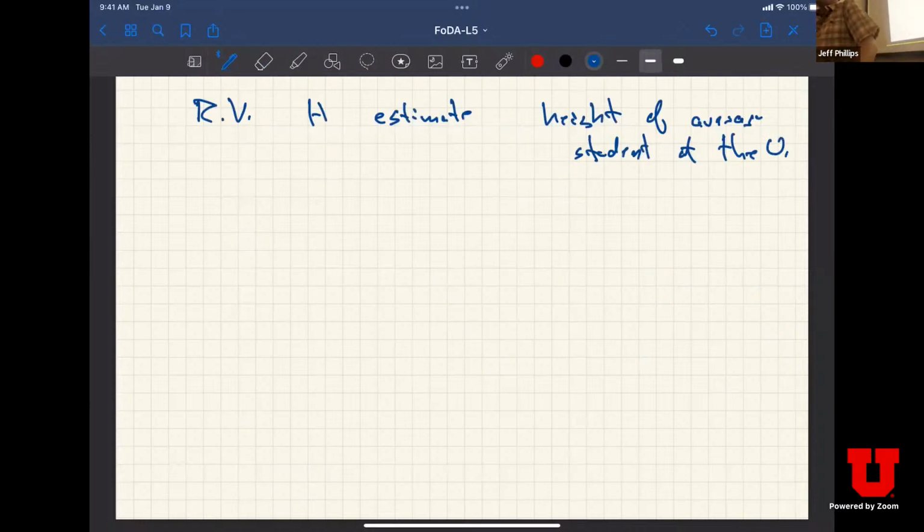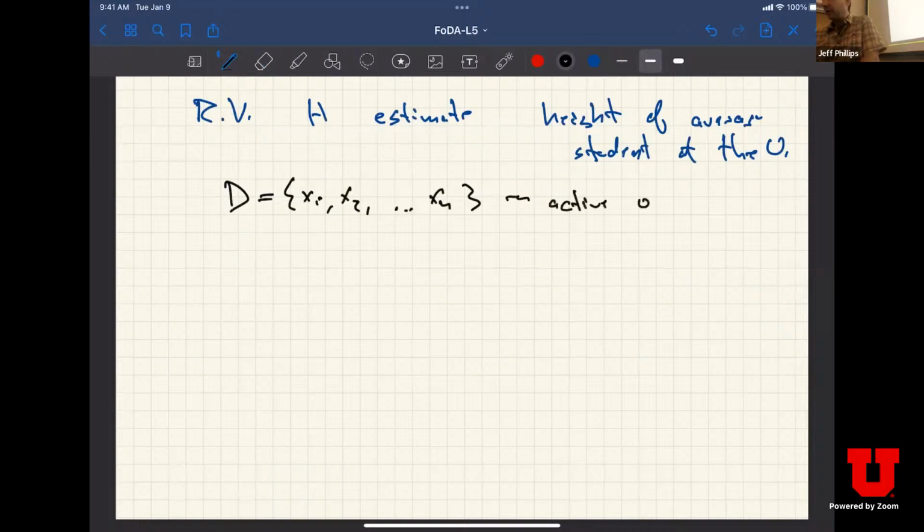Okay, and I'm going to do this by drawing a bunch of samples, right? So D is going to be a set x1, x2 up to xn. Okay, and these I'm going to draw from, say, active UIDs.